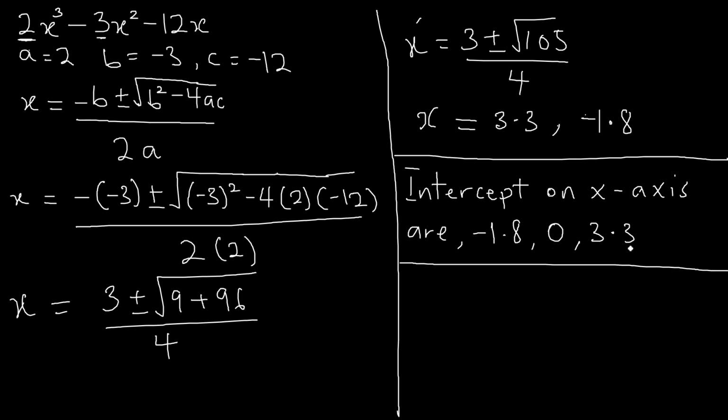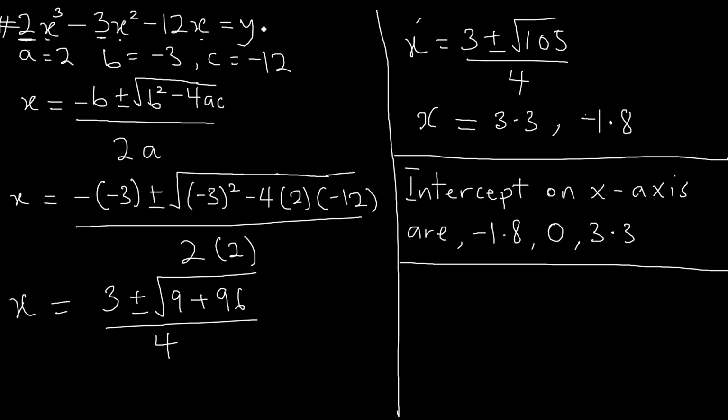What about our intercept on the y-axis? For our intercept on the y-axis, x is equal to 0. Remember, this is the equation of our curve. But from the look of this particular equation, if you put 0 here, 0 here, 0 here, 0 here, that will mean y is equal to 0.